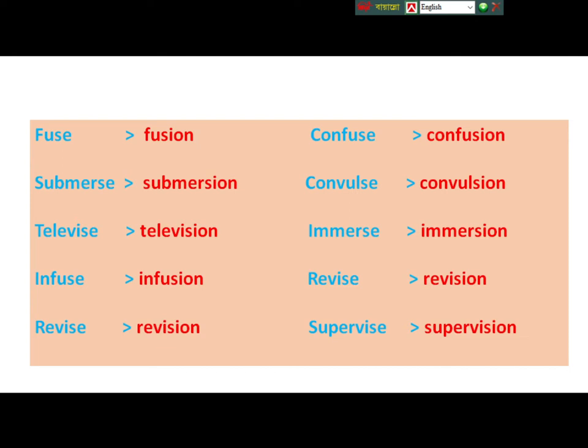Take a look at the words again. All the words end with se, and we have turned them into nouns by adding sion. Now let's move on to our next rule.